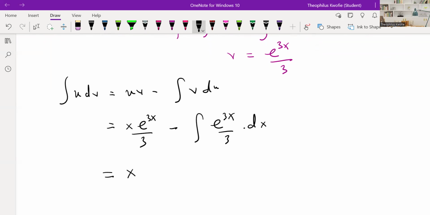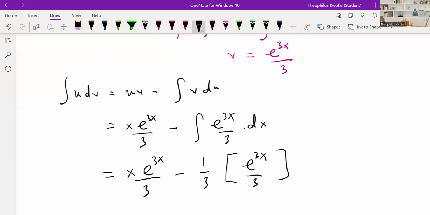Now, what I will do is that I can pull out my 3, then I integrate e to the power 3x. When you integrate e to the power 3x, what do we get? We get e to the power 3x divided by the coefficient of x.